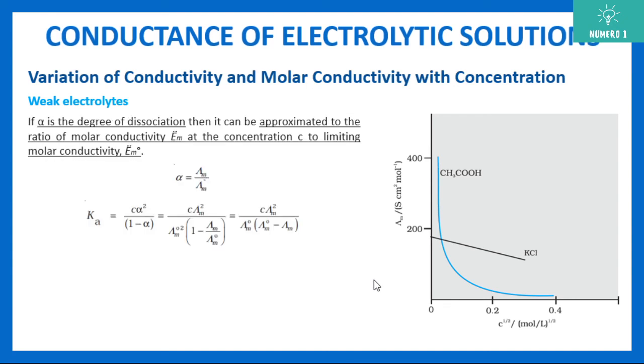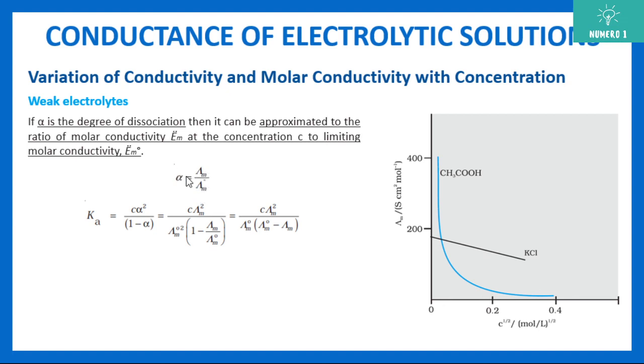Now, if alpha is the degree of dissociation, then it can be approximated to the ratio of molar conductivity, lambda m at concentration C, to the limiting molar conductivity, lambda m naught. Simply, alpha equals lambda m upon lambda m naught.